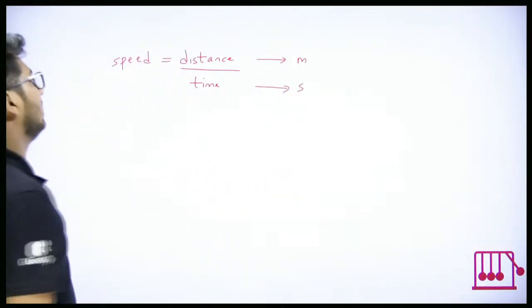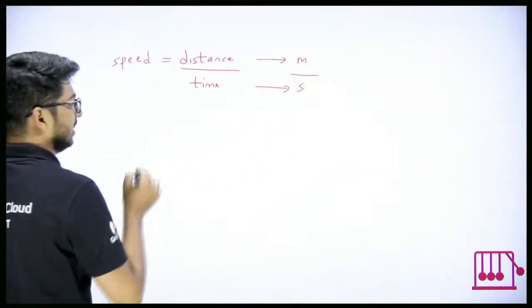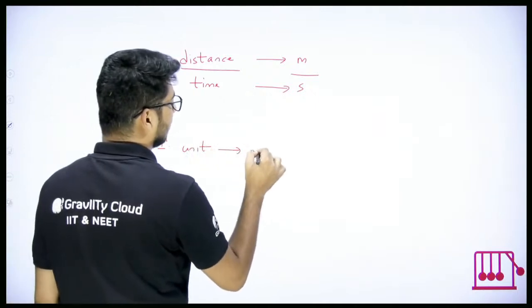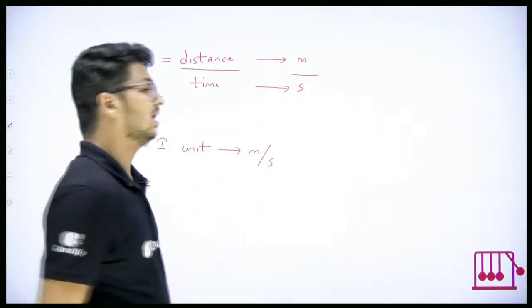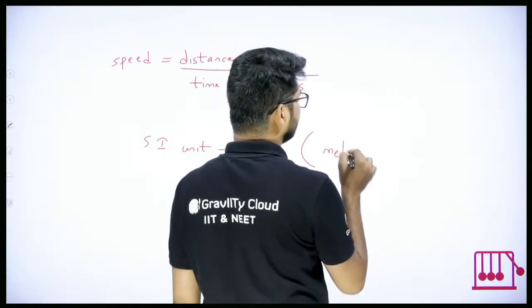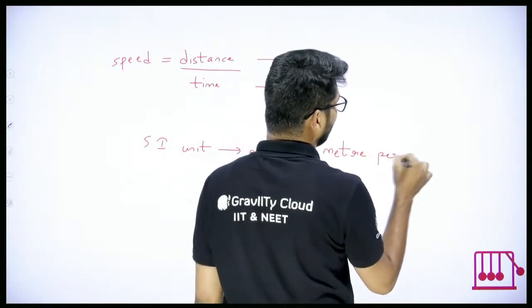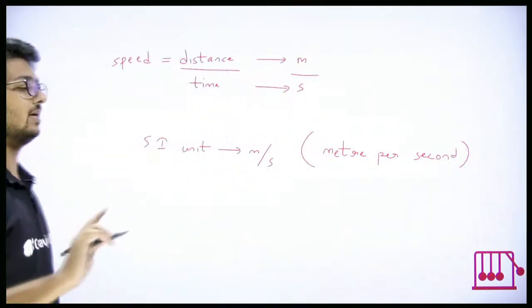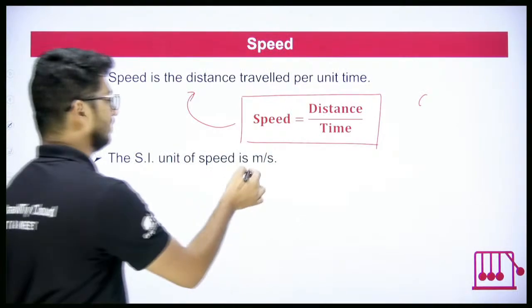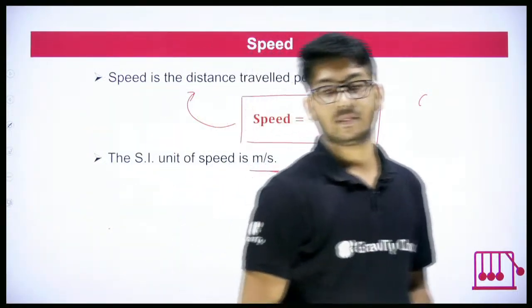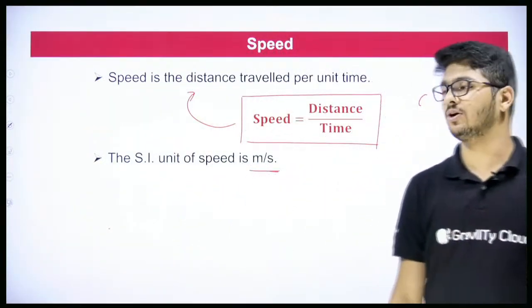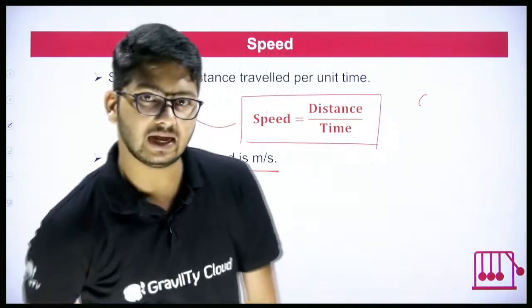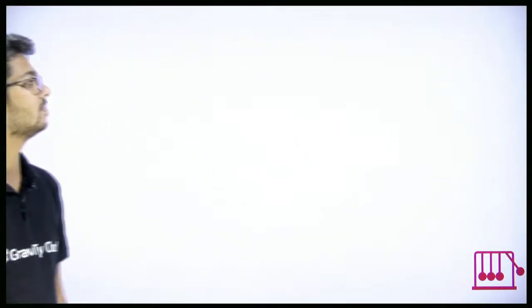So what is that going to be? It is meter per second. So the SI unit is what? Meter divided by second. You spell it as meter per second. It is not kilometer per hour, it is meter per second. That is a standard unit. The SI unit of speed is what? Meter per second. Clear? Good.